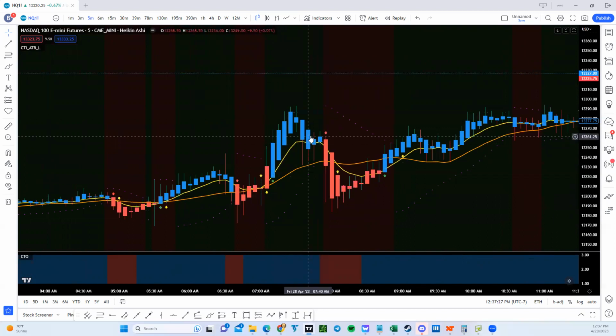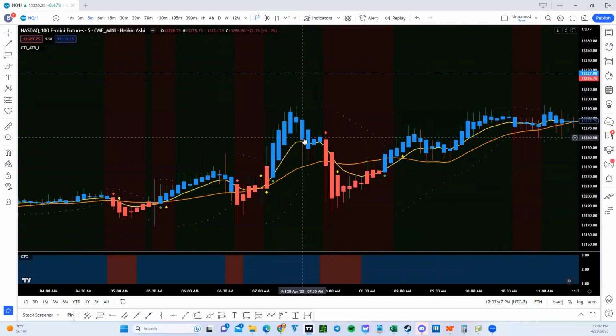So the wicks represent the color of the whole candle as it would appear on the default chart settings. This gives us a little more information and may even give us a bit of a heads up.